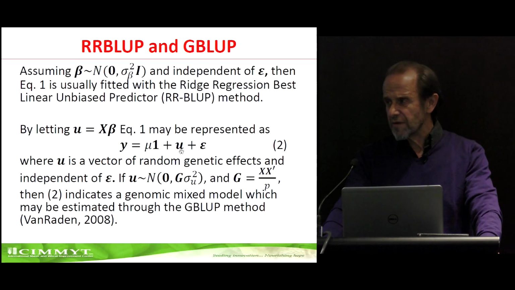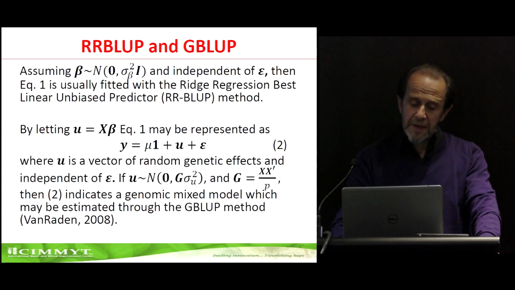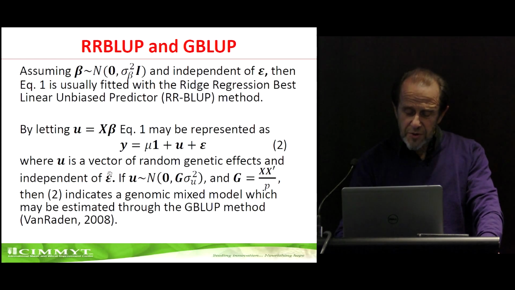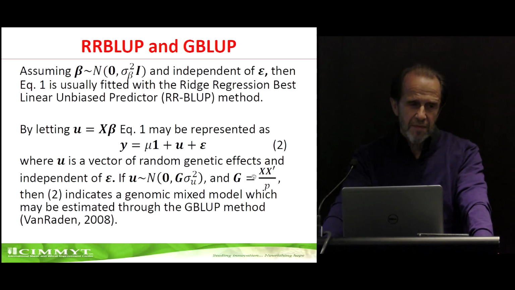And u is the vector of random genetic effects, independent from the residual. And u has this normal distribution with the G matrix times sigma square u, and the G matrix is X X prime.